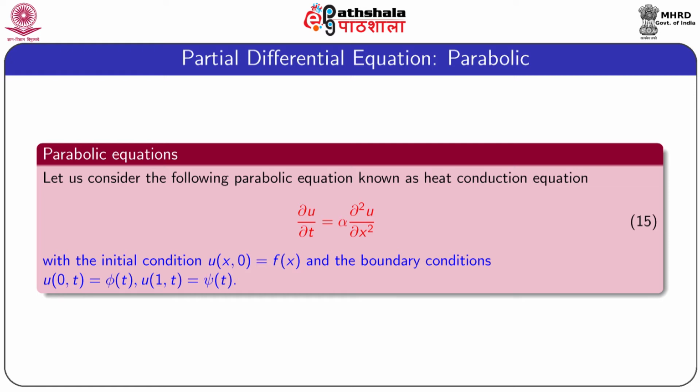The differential equation is del u del t equal to alpha del 2 u del x2 with the initial condition u x 0 equal to f x, that means when t equal to 0, u is equal to f x, and the boundary conditions are u 0 comma t equal to phi t and u 1 comma t equal to psi t. That means the left bound is x equal to 0 and the right bound is x equal to 1.